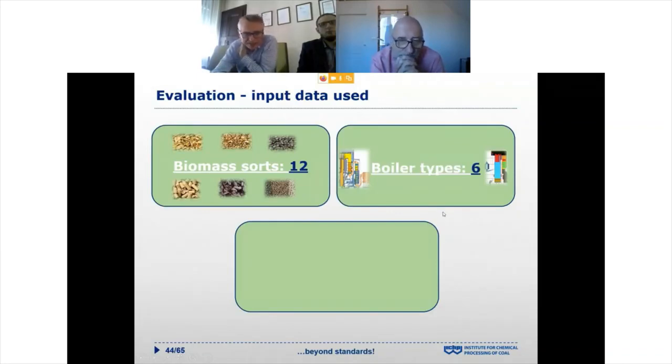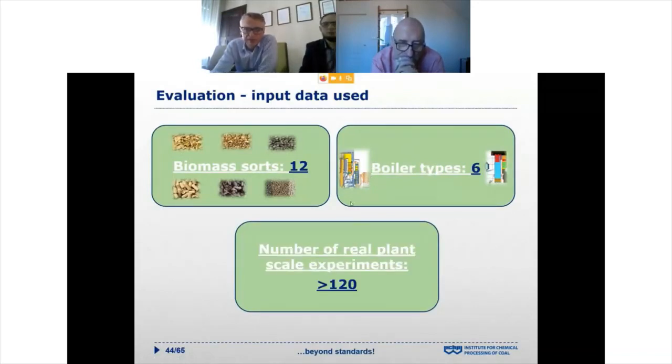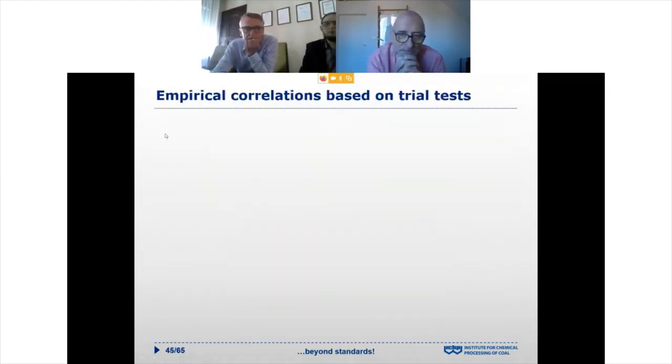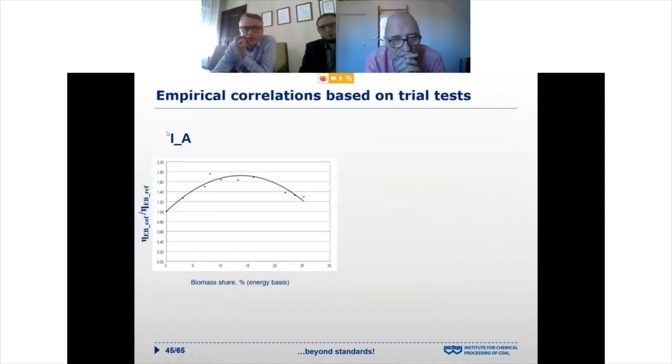We tested 6 different types of pulverized coal boilers, with different outputs, smaller scale and larger scale, and different configurations. Altogether, we performed around 120 single plant experiments. So we gathered quite a lot of pilot scale testing data. When we analyzed this data all together, we worked out the empirical correlations. And let me share the conclusions.